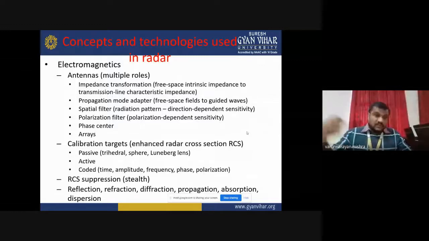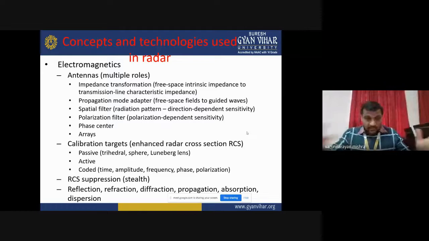Means whatever the energy that is coming from the earth surface feature after interaction with the target. So spatial filters can be used to distinguish different radiation patterns, or you can say the direction dependent sensitivity.